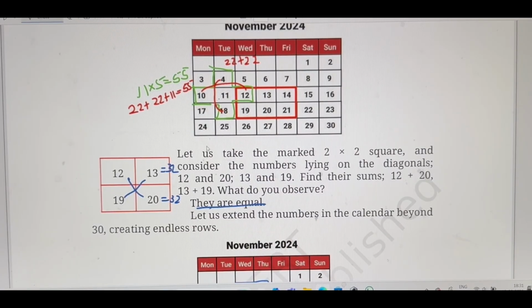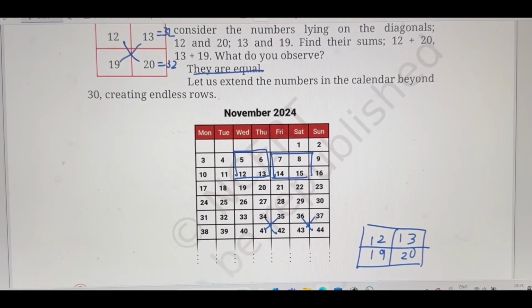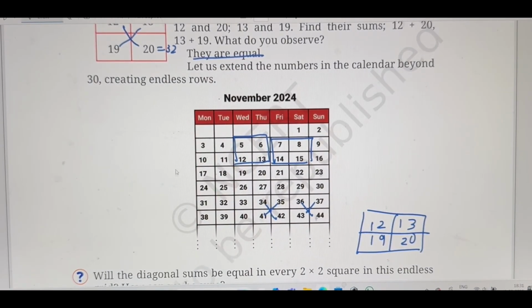So it is true for one more grid. Let us check for one more similar kind of sum. Let us take a little difficult number. Difficult means a little bigger numbers. So 25 5s, the sum should be 125.